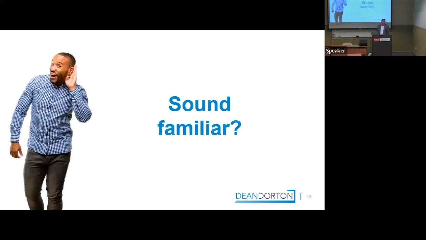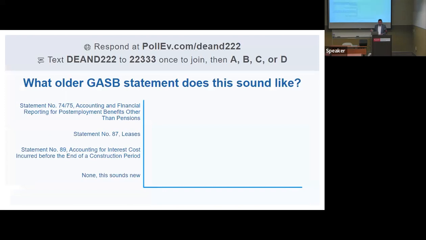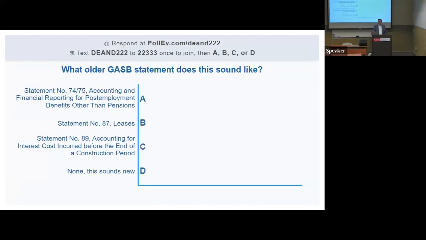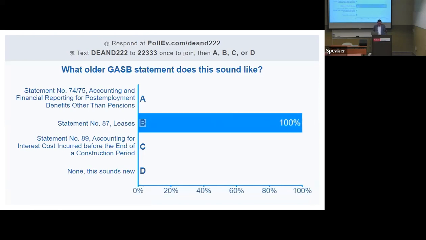So I've mentioned this a few times. This standard might be very similar to a standard that had been previously adopted. Which one do you think it is? Let's take a poll. Nobody's answering D. This doesn't sound new to anyone.